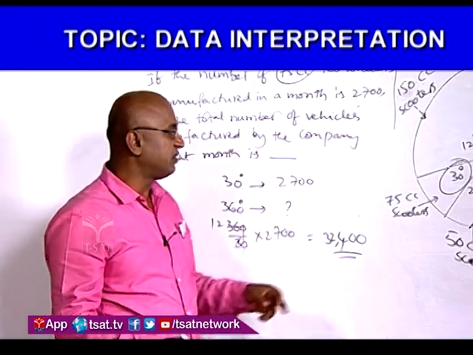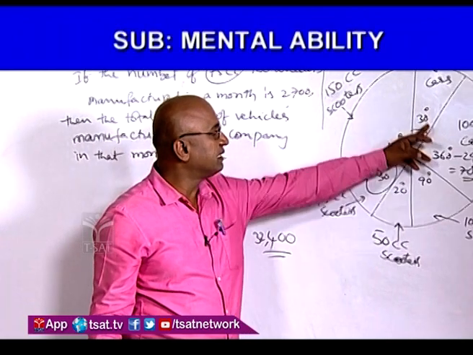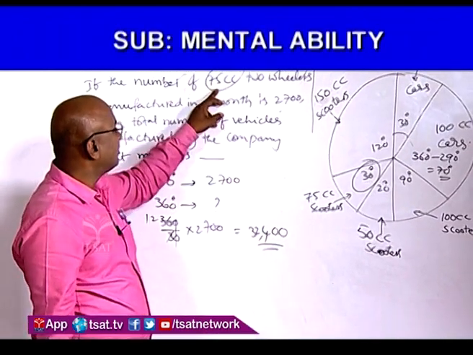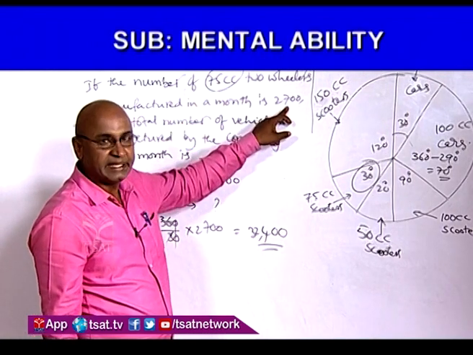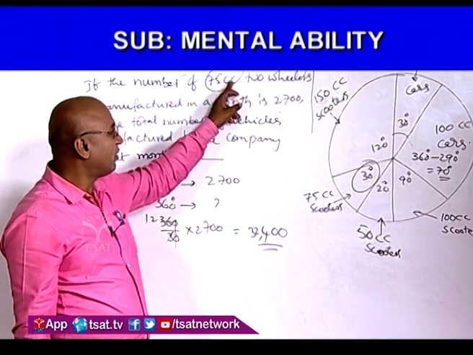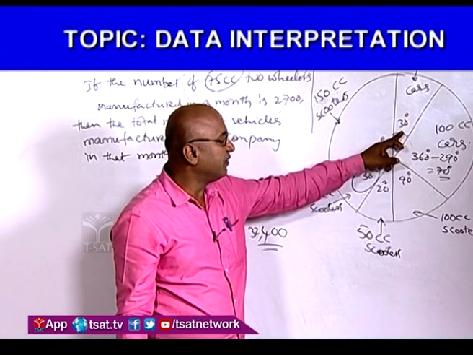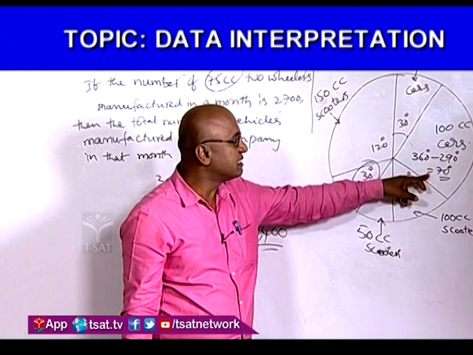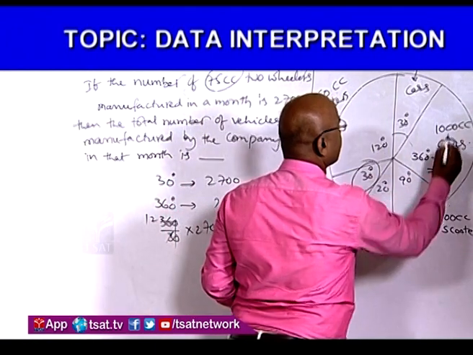Similarly, the same question can also be extended like this. What is the difference between the 800cc cars and 1000cc cars? If the production of 75cc is 2,700 in a month, then what is the difference between the 800cc cars and 1000cc cars?